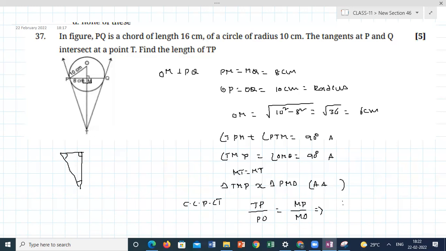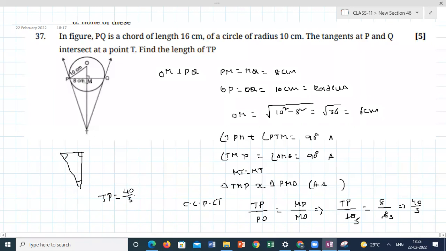From here I can write TP by PO, PO is 10 centimeter, MP is 8 centimeter, MO is 6 centimeter. From here, 2 threes, 2 fives. So the answer is 40 by 3 centimeter. So the length of the tangent is 40 by 3 centimeter.